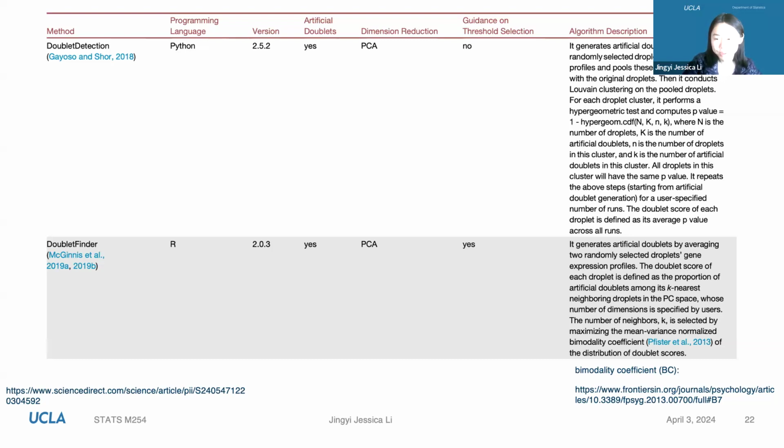But people think that's rare because you still believe the majority of your droplets are singlets. So that's why you think the majority of artificial doublets created in this way is reasonable. But something you could refine is that when you create artificial doublets, you don't randomly select droplets, but you select the ones that are likely singlets.